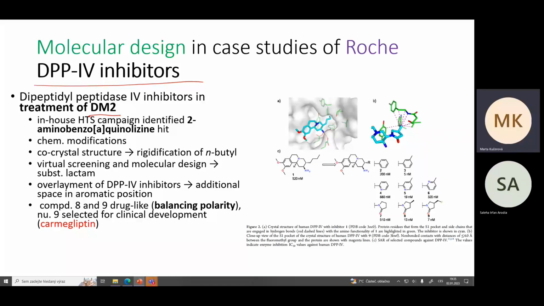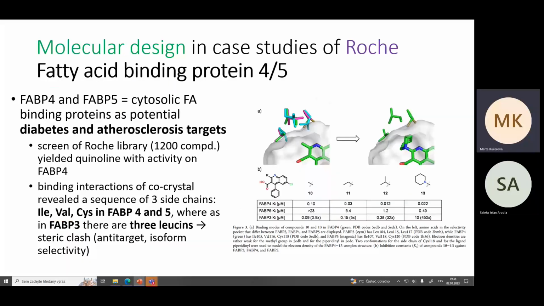So again, the company launched a campaign on finding active compounds, and the basic core of these compounds was aminobenzoquinolizine moiety, and they tested different side chains with the best acting compound. I think it was number 9 with the 7 nanomolar IC50. I will go quickly through the other examples.